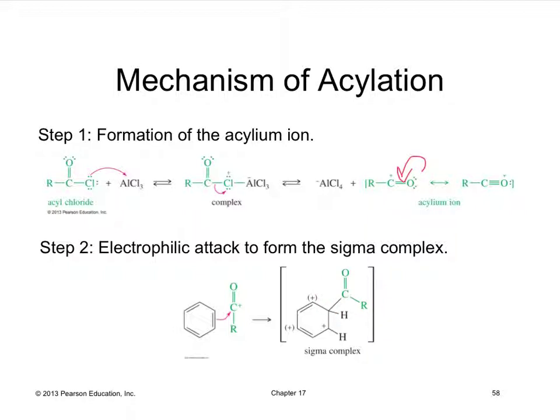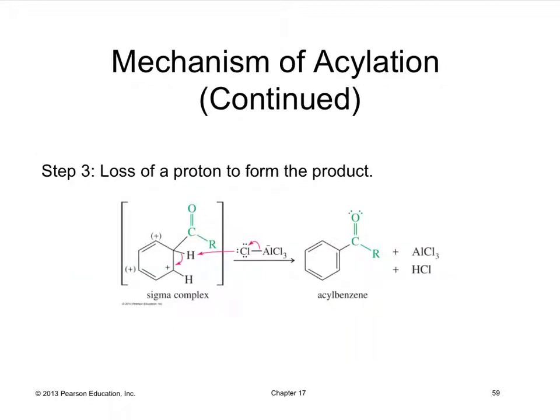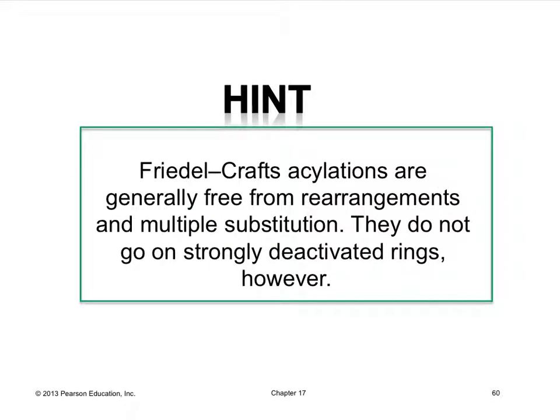Once you generate this, you're going to deprotonate, so then the aluminum tetrachloride will come in, attack, and leave, forming the acyl benzene. An important thing to note is that Friedel-Crafts acylations are generally free from rearrangements and multiple substitutions. However, they do not go on strongly deactivating rings.